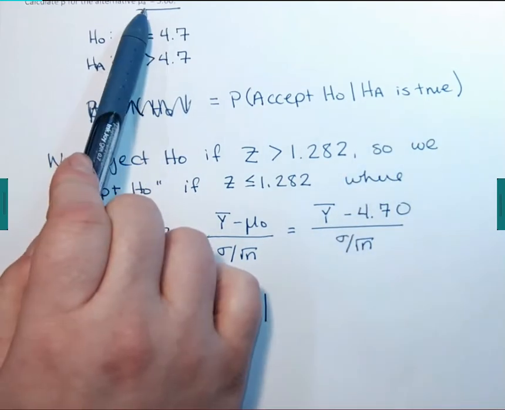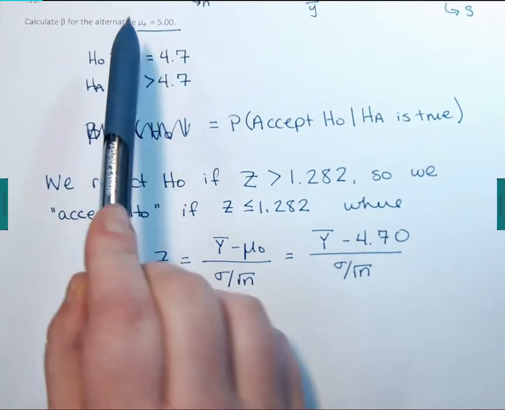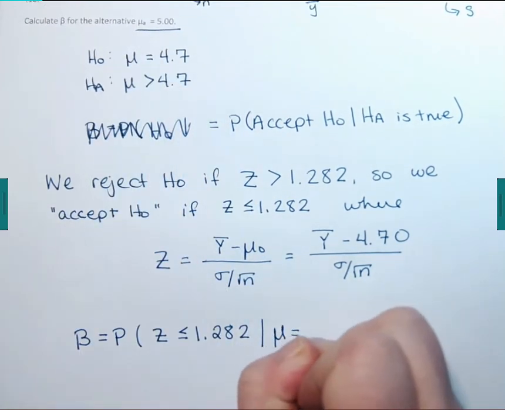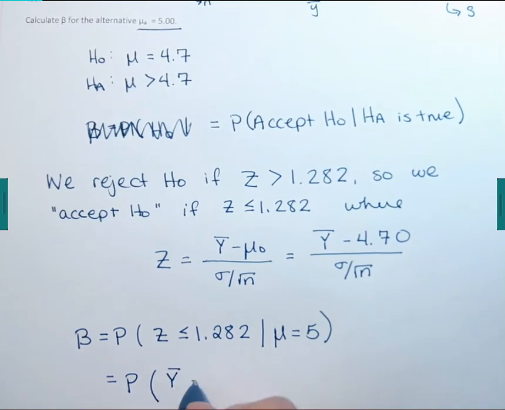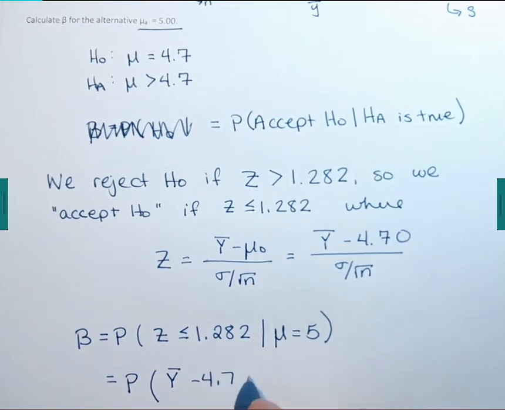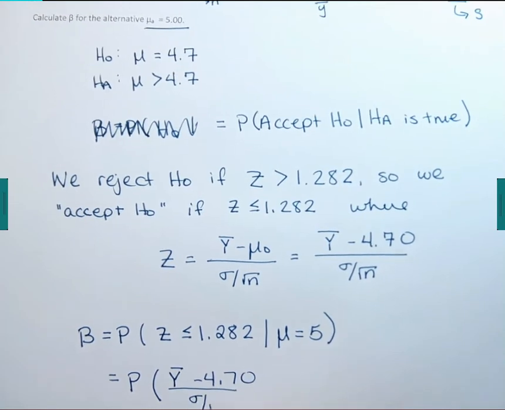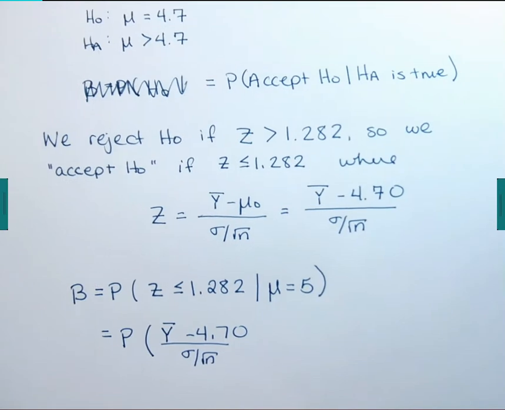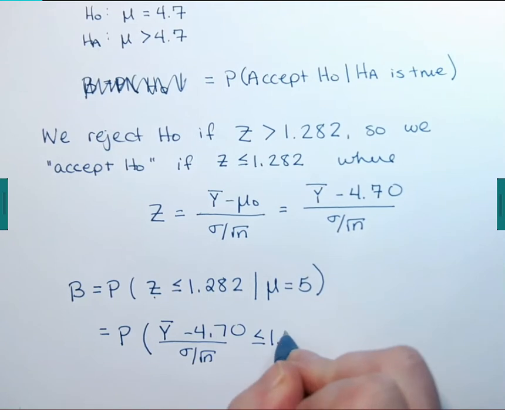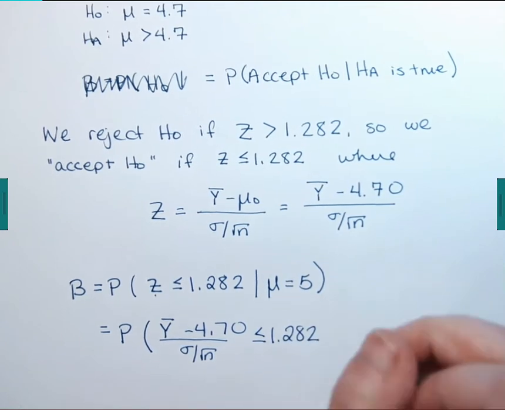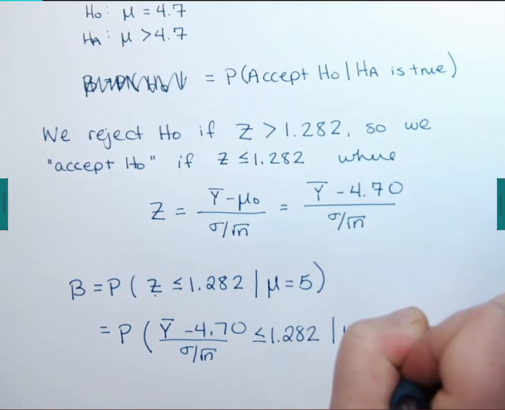And remember, we're looking at this specific place in the alternative hypothesis, so this will be that mu is equal to 5. Well, notice we know what z is equal to, so we can plug in the formula for z. So this is equal to the probability that y bar minus 4.7 divided by sigma divided by the square root of n, so that's just the z, is less than or equal to 1.282, and again given that mu is equal to 5.